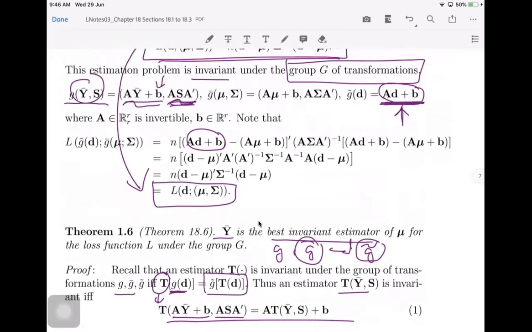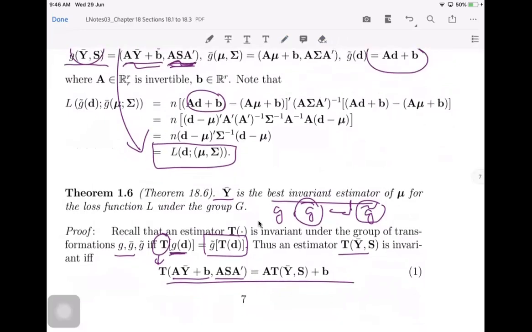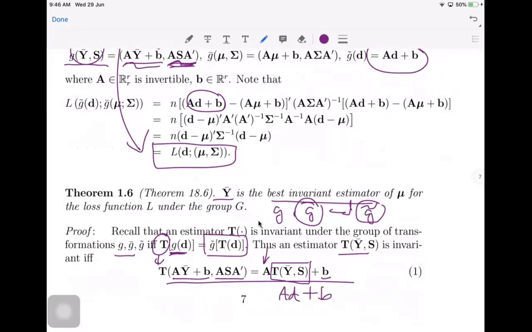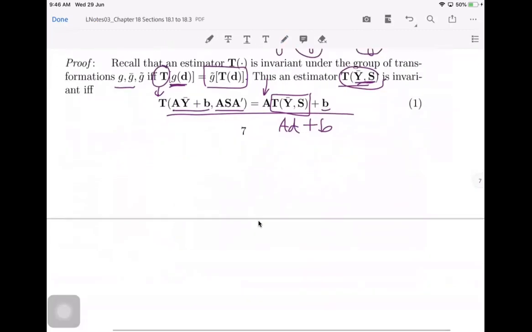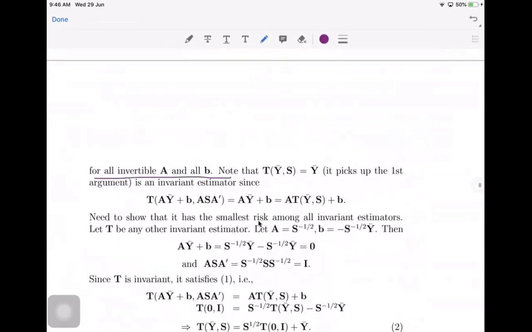Your tilde is something like this, A D plus B. So your estimator is T at A Y bar plus B. If you can show that this is equal, then your estimator T of Y bar and S jointly will be an invariant estimator, for all A invertible and all B.